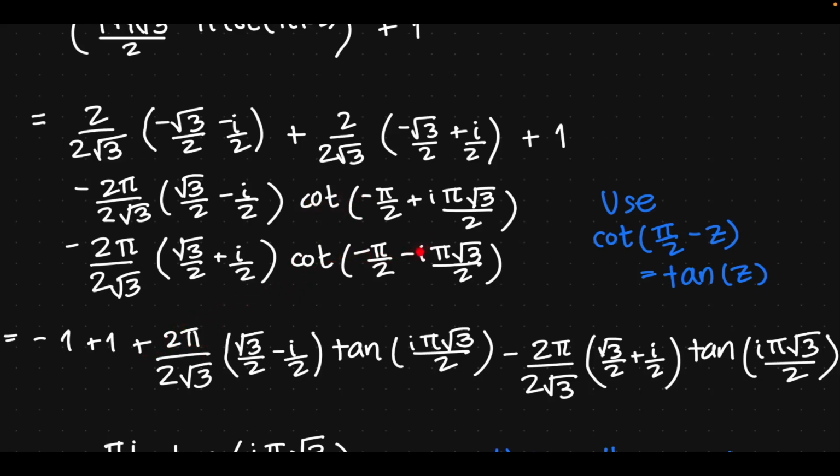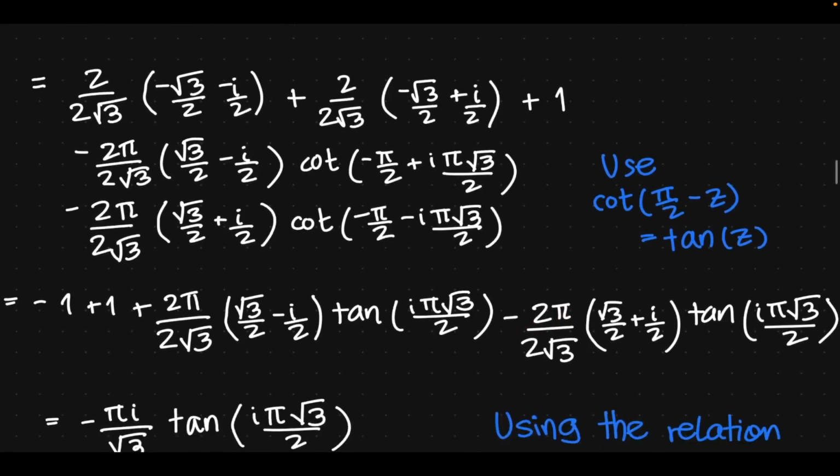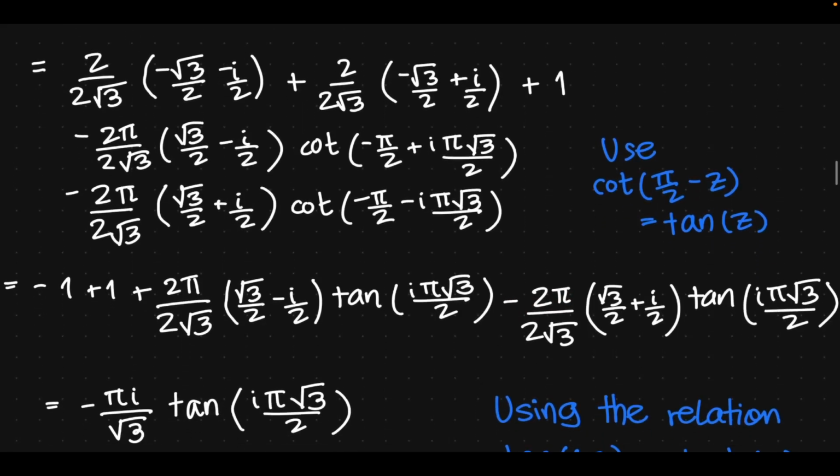But for the second one, when we do that, we'd have pi over 2 minus of minus I, because this is cotangent. This is going to be pi over 2 plus I when we try to kill that minus by removing the minus that's inside. And that gives us an additional minus sign because we have tangent of minus I pi square root 3 over 2, and tangent is odd. So we have to pull out another minus that will give us a minus. If you sit down and do this, you will understand what's going on.